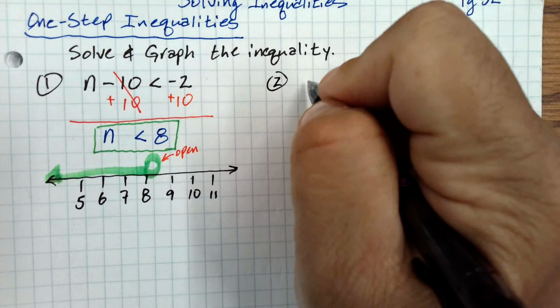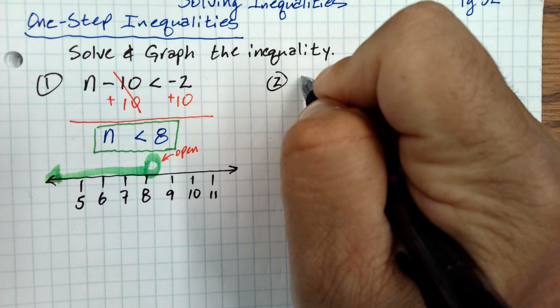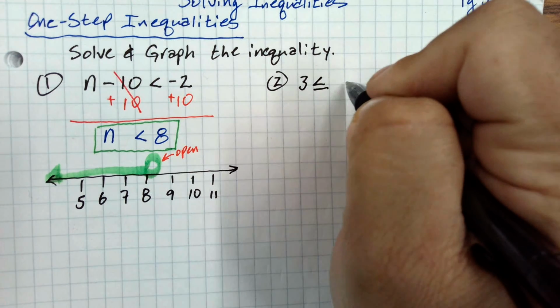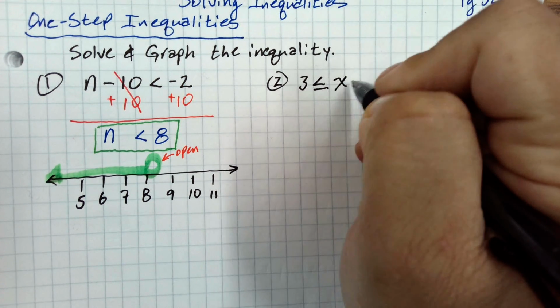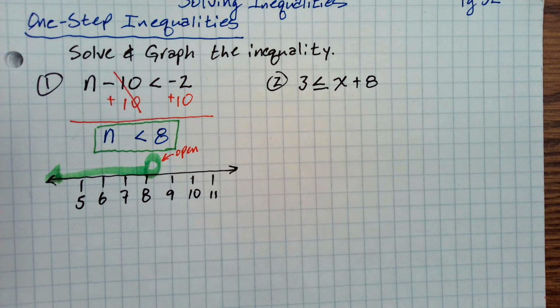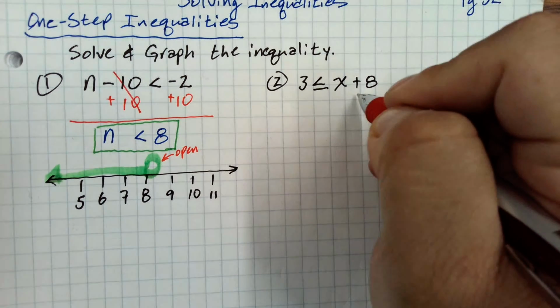So let's write this inequality. 3 is less than or equal to x plus 8. Okay? And we want to solve this. And it's x plus 8, so we'll do the opposite of that. Let's take away 8.